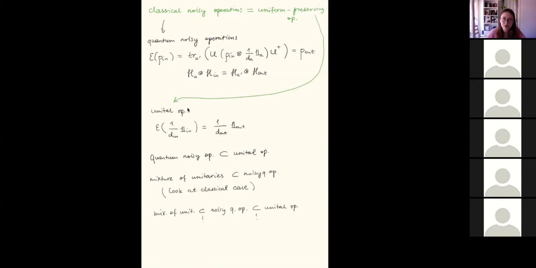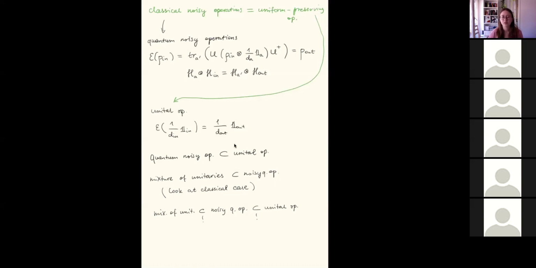But these two inclusions are strict. It has actually been shown that there exists a noisy quantum operation which is not a mixture of unitaries. And also there exist unital operations which are not noisy quantum operations.